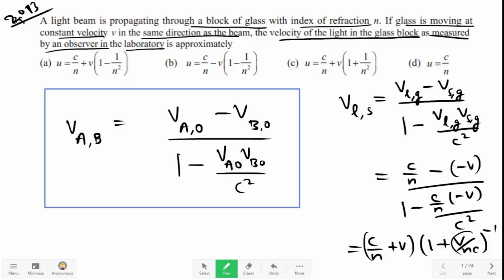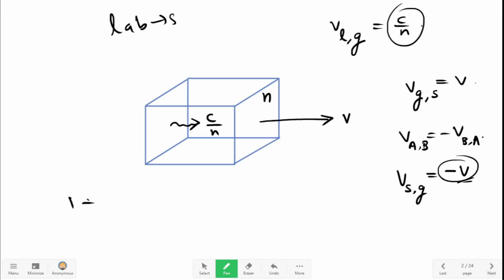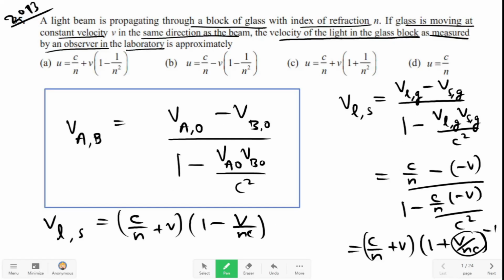Now since V by nc is a small quantity, we can write VLS as c by n plus V times 1 minus V by nc, because you know this, right? 1 plus x, the whole raised to n, is approximately equal to 1 plus nx if x is small. That is what we are using here.